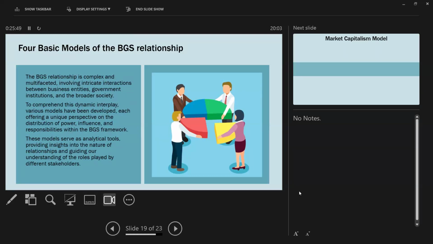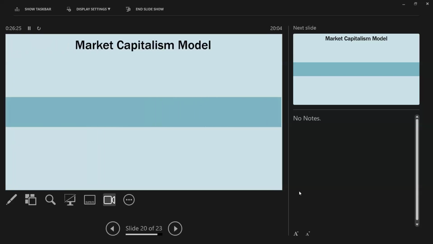So obviously, to comprehend this dynamic interplay, there must be models that have been developed. Each of these models offers a unique perspective on the distribution of power, of influence, of responsibilities within the BGS framework. These models serve as analytical tools, providing insights into the future of relationships and guiding our understanding of the roles played by the different stakeholders.